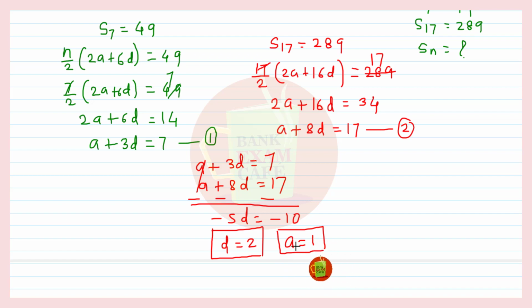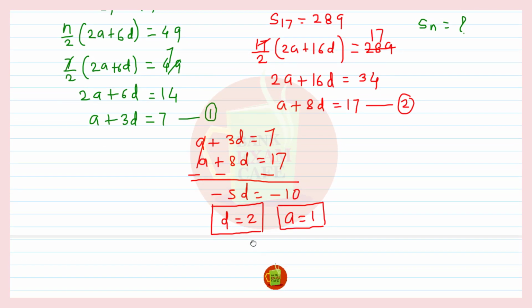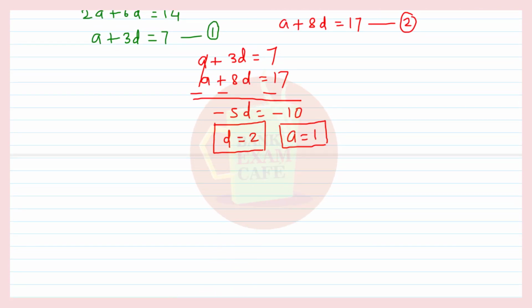So you get the value of a as 1 and d is equal to 2, and you have to find the value of Sn. So Sn is equal to n by 2 into bracket 2a, that is a is 1, so 2 into 1 plus n minus 1 into d is 2.